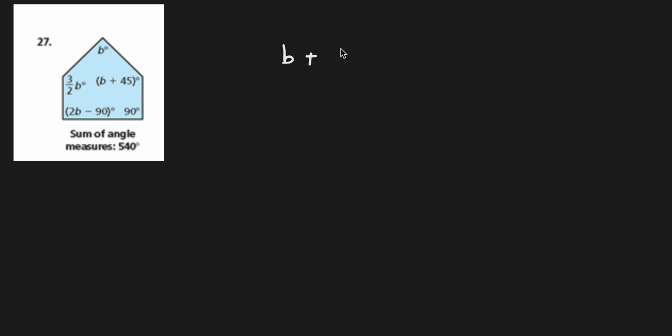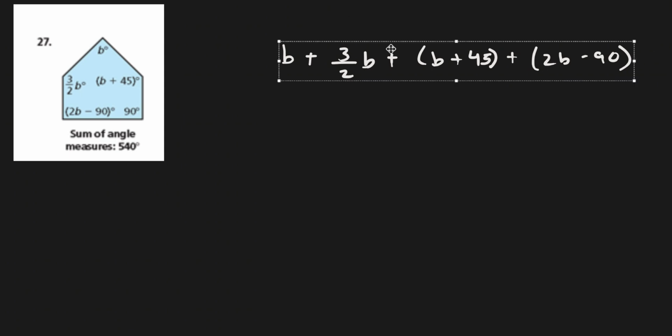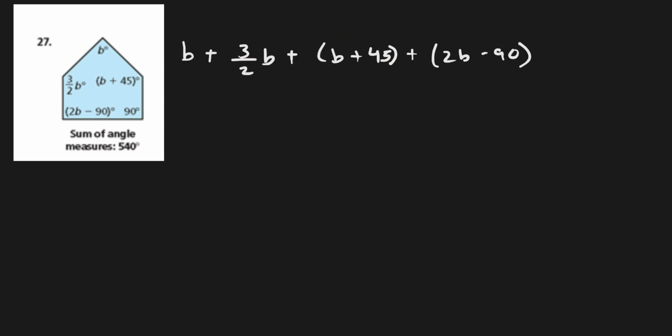I'm going to write it exactly like it is in the problem, plus 2B minus 90, plus 90. The summation is equal to 540 degrees.